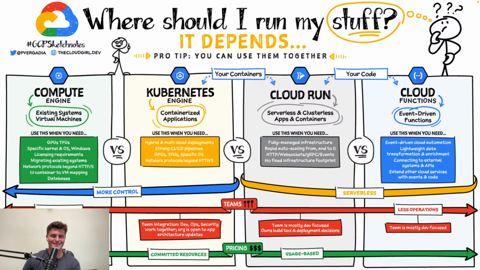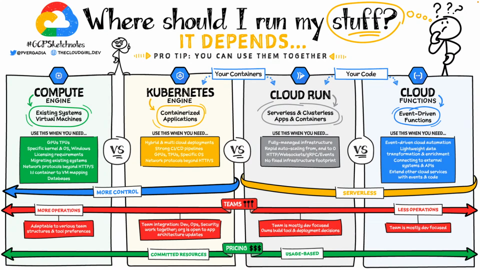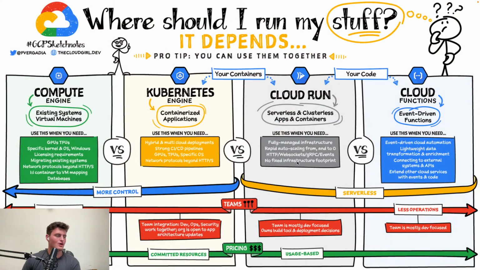So if you need a VM to run your application, you'll want to go here. This is good if you have an existing application in your own infrastructure. Compute Engine's going to be able to pick that up, but we're going to focus on Cloud Run.